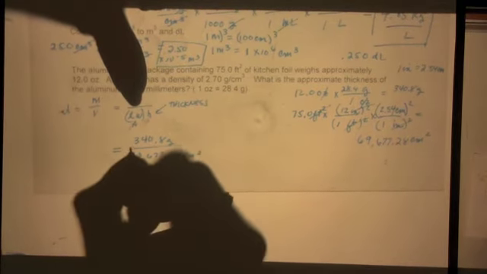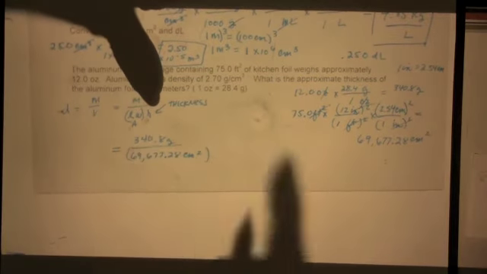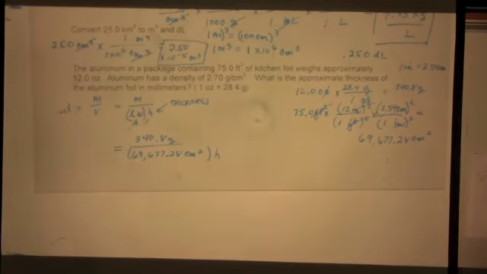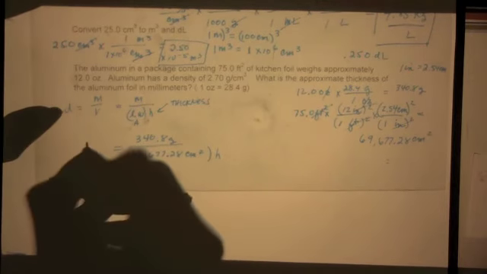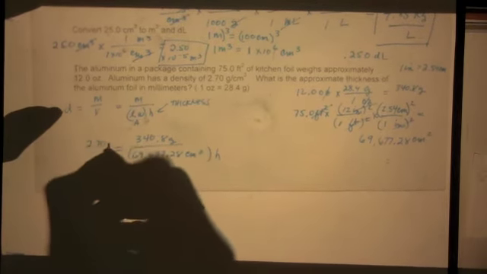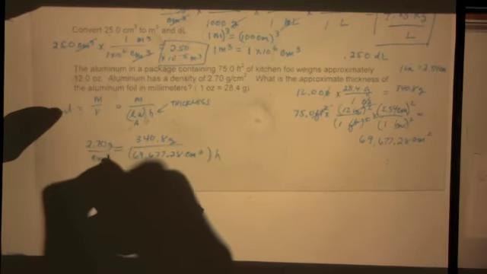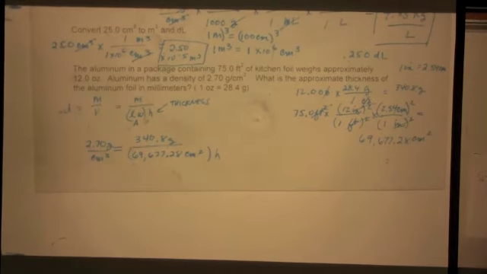That's square centimeters. I don't have the height yet. That's really what the problem was asking us to look for, the thickness or the height of the aluminum foil. I do know the density. They told me that it was 2.70 grams per cubic centimeter.